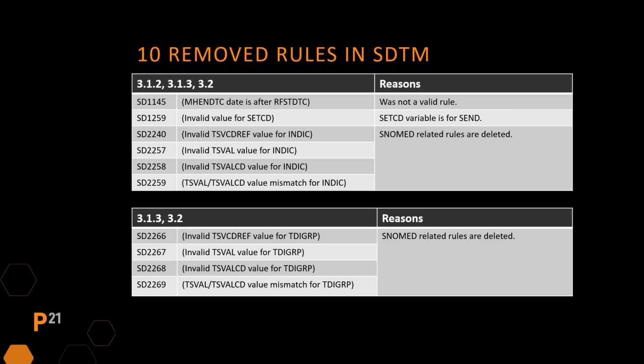SD1259 is removed because it is a SEND-related rule. SD2240 all the way to SD2269 are removed since these rules are SNOMED related, and SNOMED is not in the PMDA Data Standards Catalog.